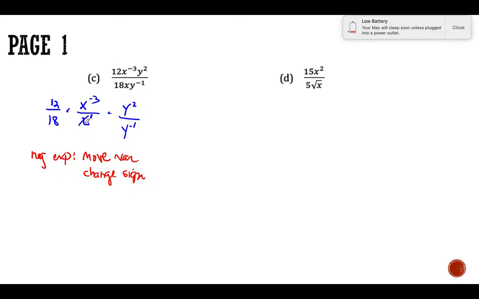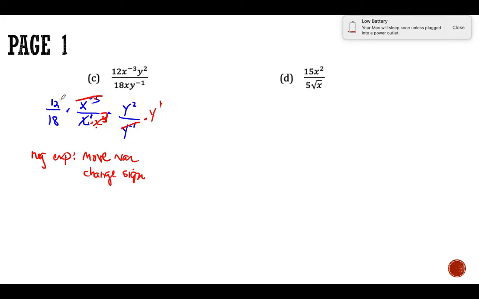So what that means is, since I'm not allowed to have negative exponents, this is really x to the 4th. And this is really y to the 1st. So I moved the variable, changed the sign. I moved the variable, whoops, x cubed, change the sign.